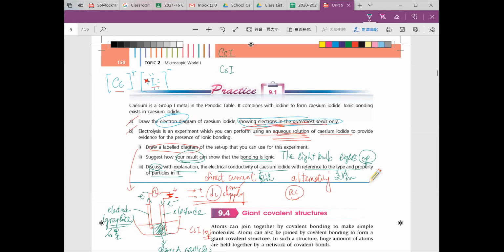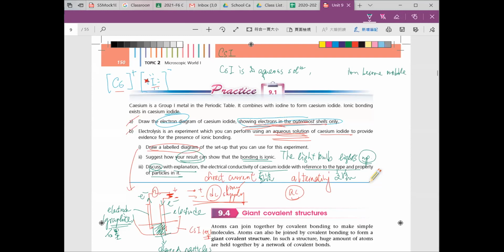When cesium iodide is in aqueous solution, the particles are mobile ions, and they can move freely to conduct electricity. Okay, so the ions become mobile.